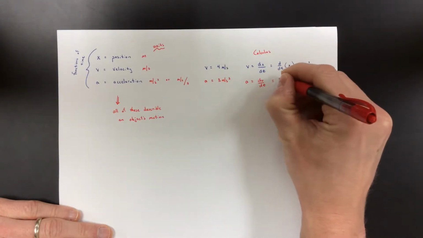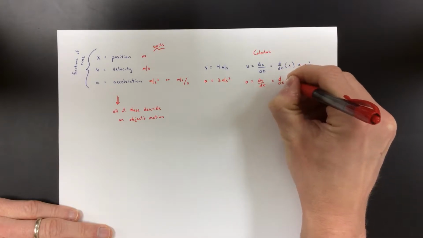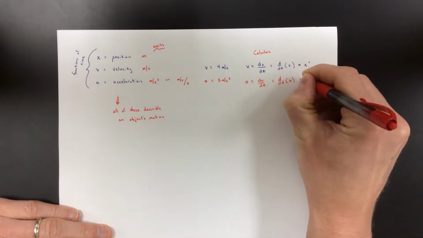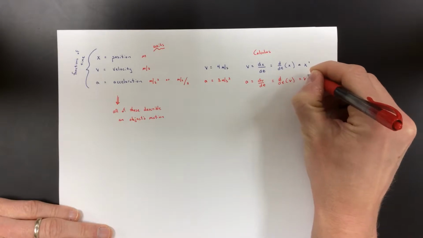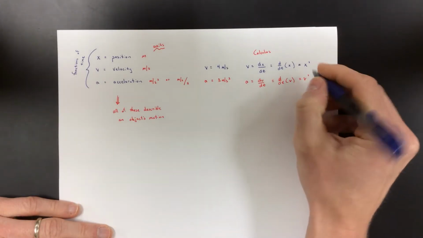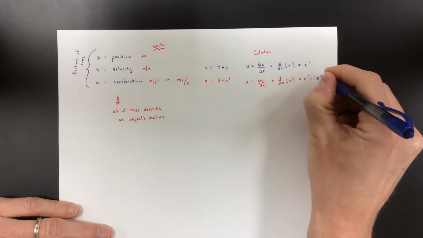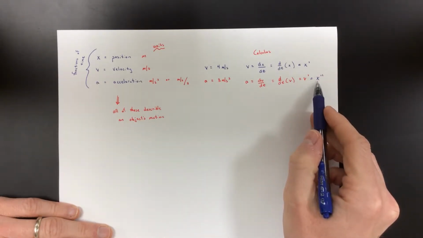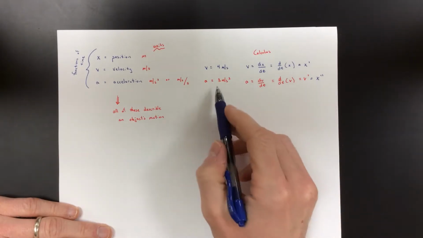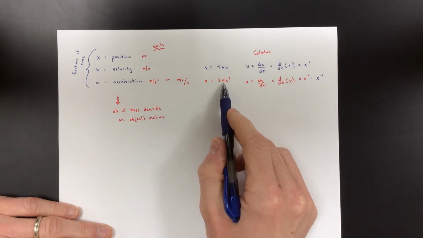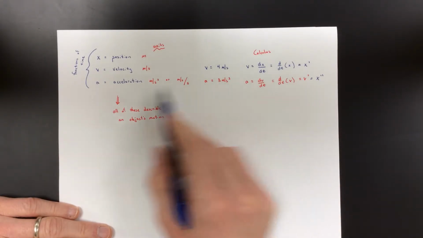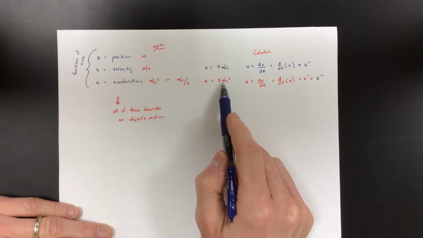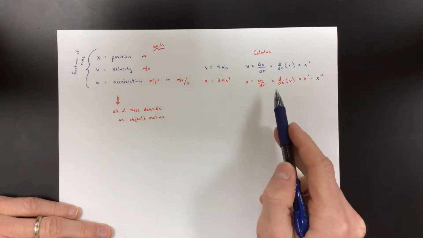You could say it's the time derivative of velocity, which you could call v prime, and actually you can call it x double prime. The second derivative of position is acceleration. Again, look what this means. An acceleration of 3 would be an increase of your velocity by 3 meters per second every second.